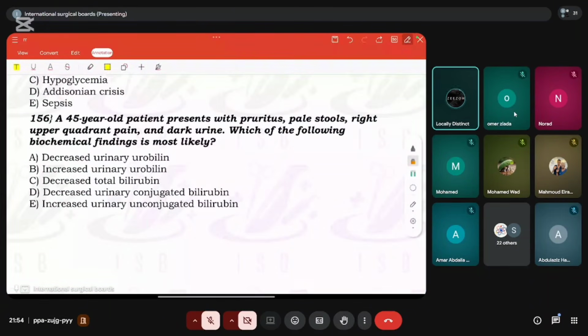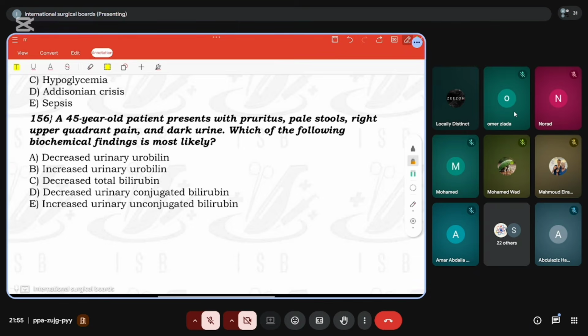A 45-year-old patient presents with pruritus, pale stool, right upper quadrant pain, and dark urine. Which of the following biochemical findings is most likely? You do have increase in conjugated bilirubin, that's for sure.